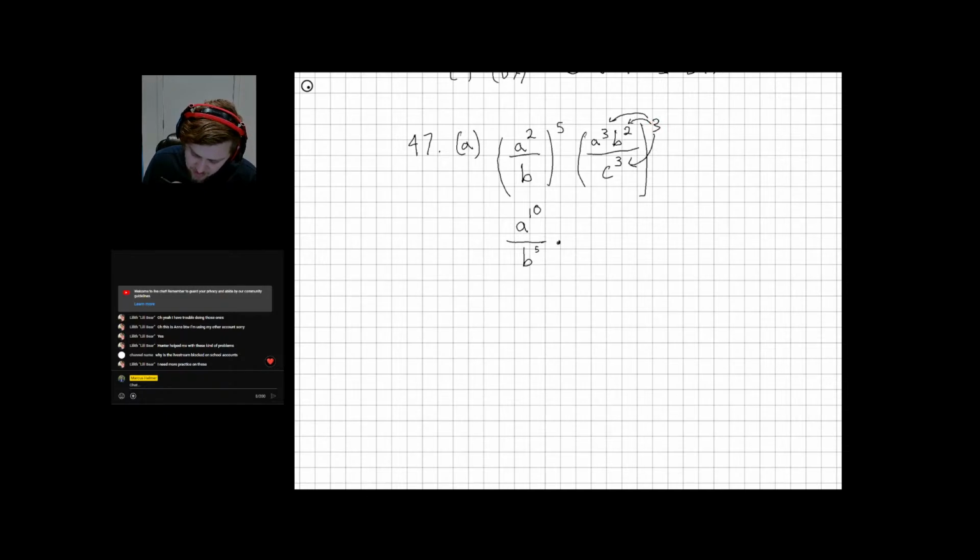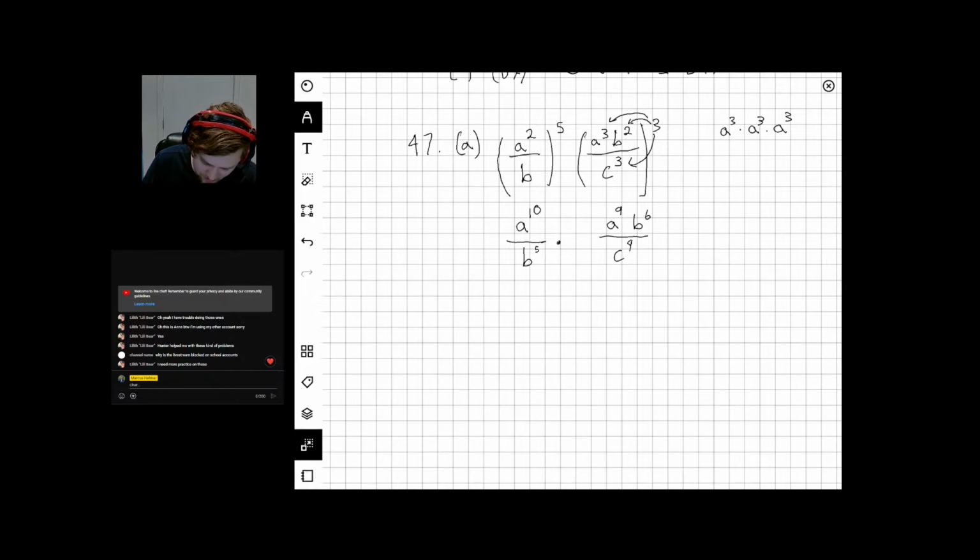Right? So I'm going to get a cubed cubed, which if I think about it, that's a cubed times a cubed times a cubed, and clearly I can see that's 3 plus 3 plus 3. That's a to the 9. And then b squared cubed is b to the 6. Again, I have 3 copies of this, and then c to the 9th.